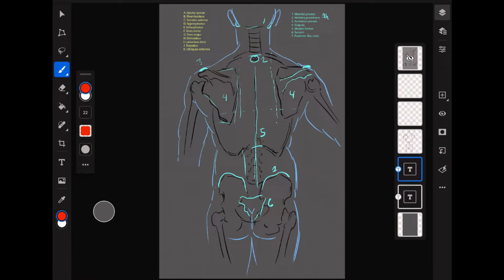From the back, things are a little bit more subtle, and plus you have the added complication of an independently moving scapula, which definitely changes what you're looking at considerably depending on whether the arm is tilted down, tilted forward, or pulled back.